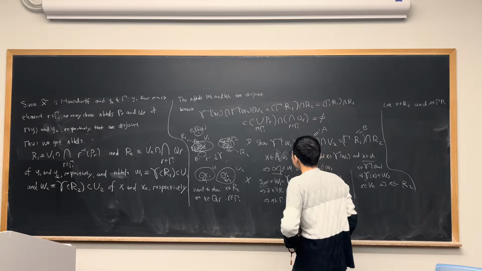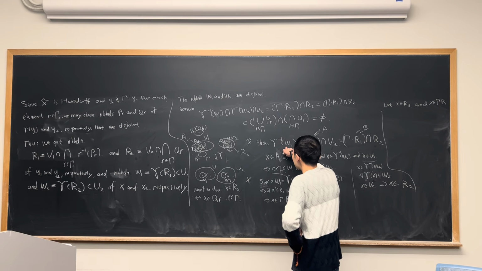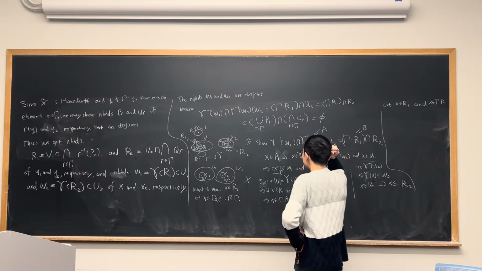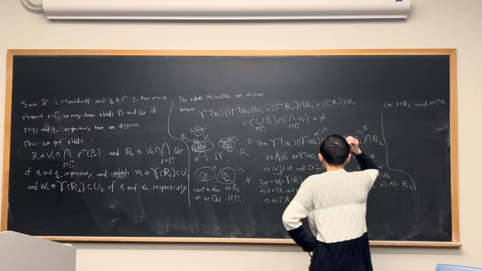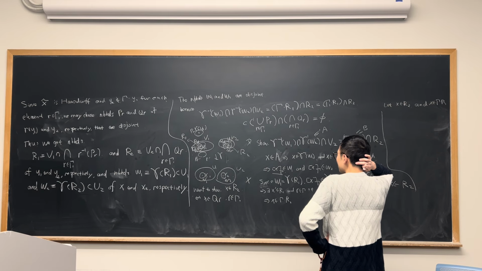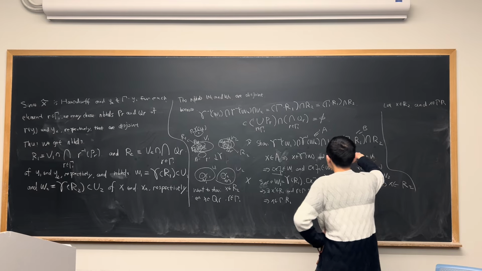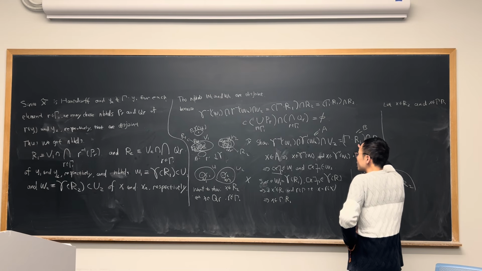And then gamma inverse of W1. So what's left is to show that x is in gamma inverse of W1, because this x is in this set, right?